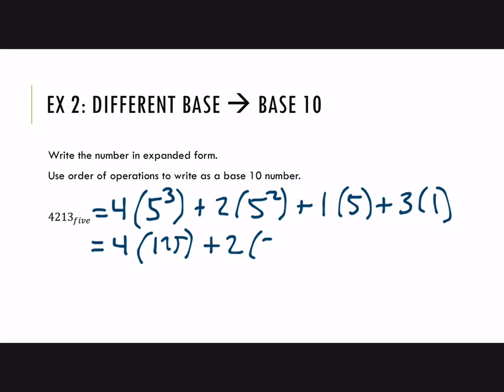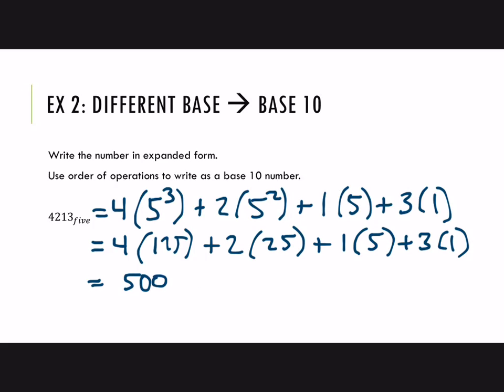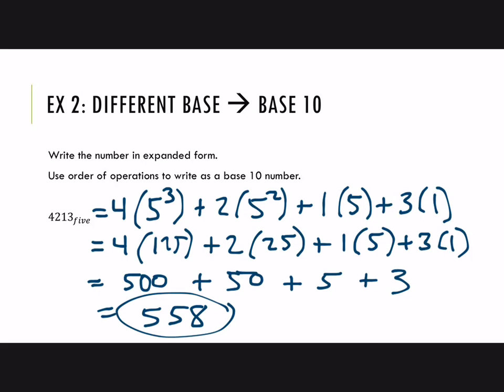Then 5 squared is 25. Alright, and then I would go back through and do all of the multiplication. 4 times 125 is 500. 2 times 25 is 50. 1 times 5 is 5, and 3 times 1. And then finally addition, so this is 558, and that's base 10.